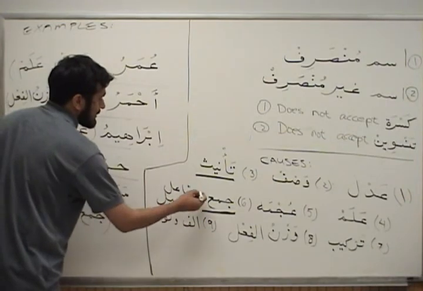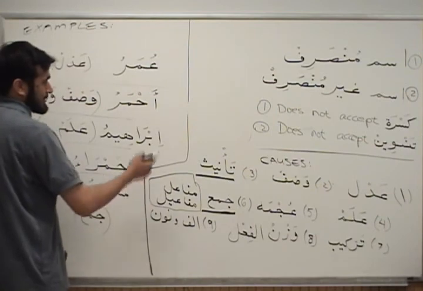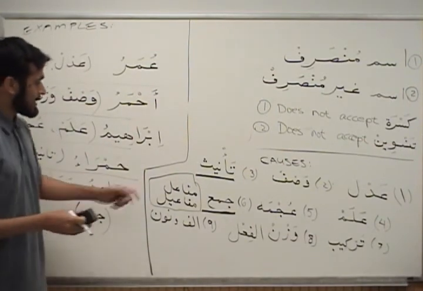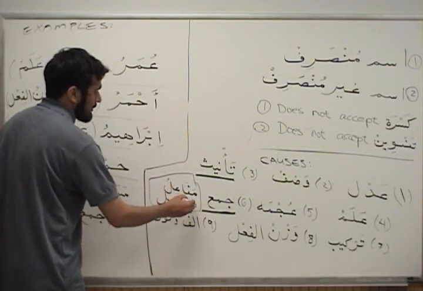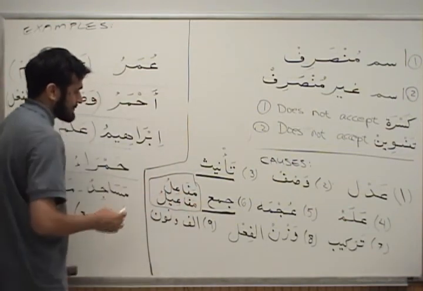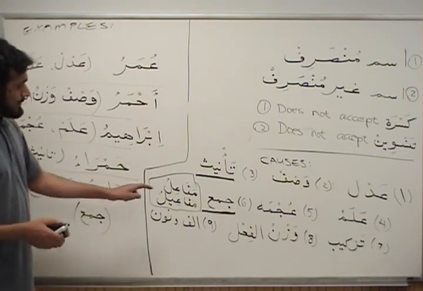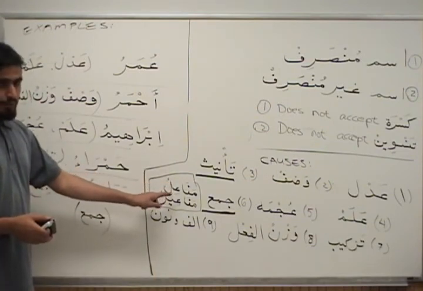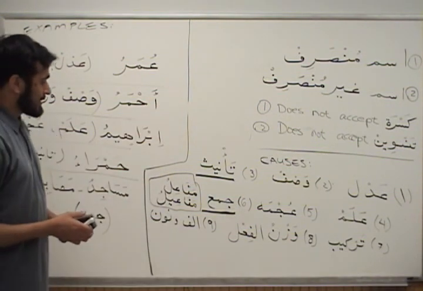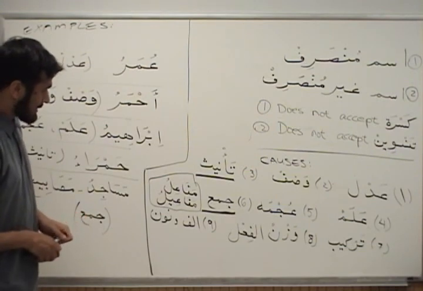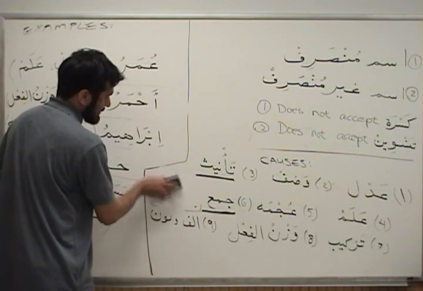So it has to be of this form. Not all plurals are causes of making ism ghayr munsarif. It has to be on the form mafa'il or mafa'il. And examples will come later, inshallah. But these are the forms it should have for it to be the cause for being ghayr munsarif. Now we will go over examples on this other side of the board.